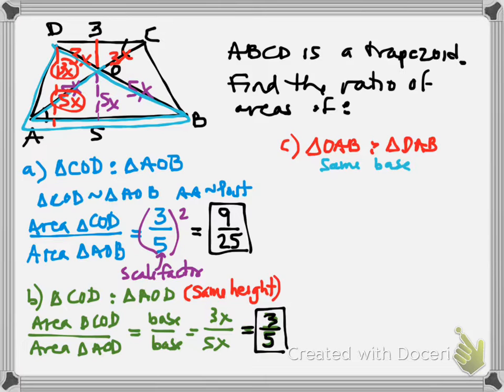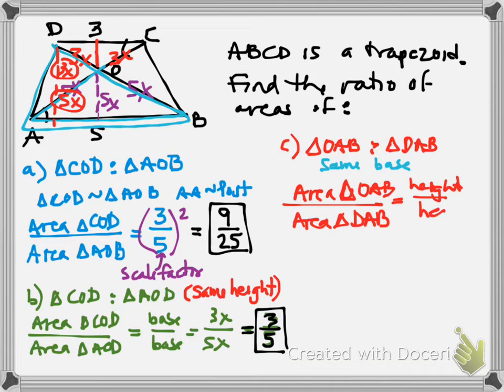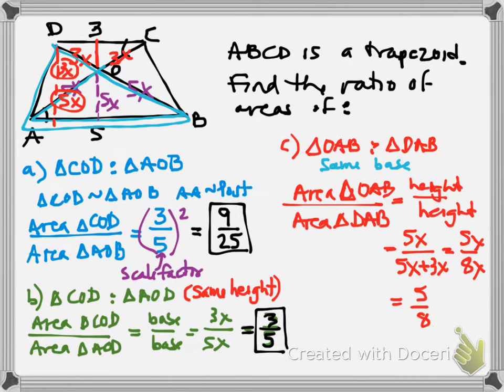So what we have for this one when we do areas of triangle OAB to area of triangle DAB, we're going to have height to height, which is going to give us the height of AOB is the small one, so that's the 5x, compared to the height of the DAB, which is from the top of the trapezoid to the bottom of the trapezoid, which is the 5x plus the 3x, which gives us 5x over 8x, which gives us a grand total of 5 to 8.